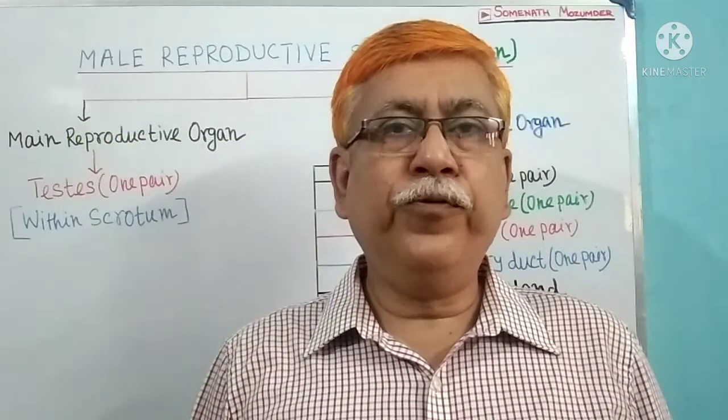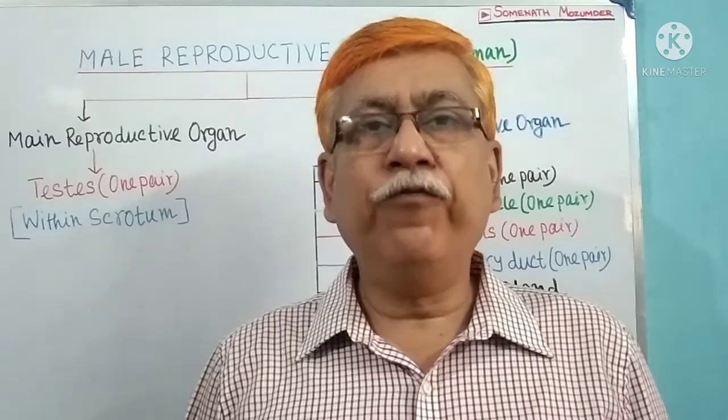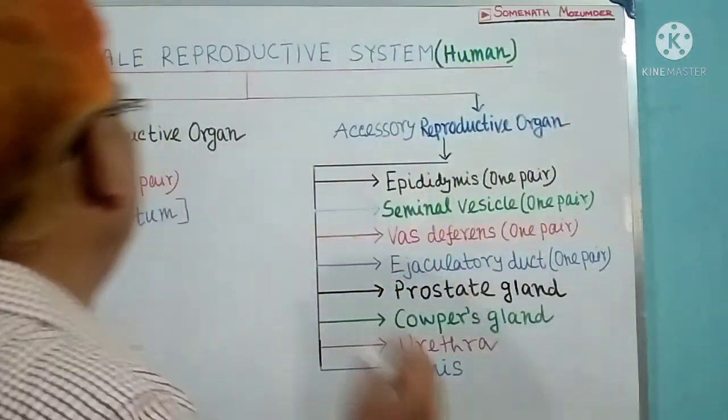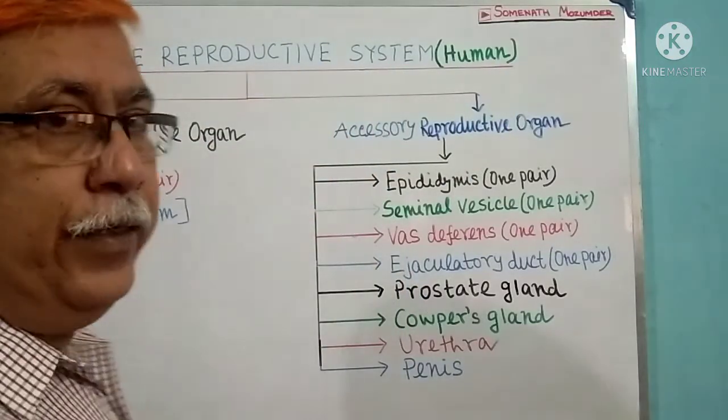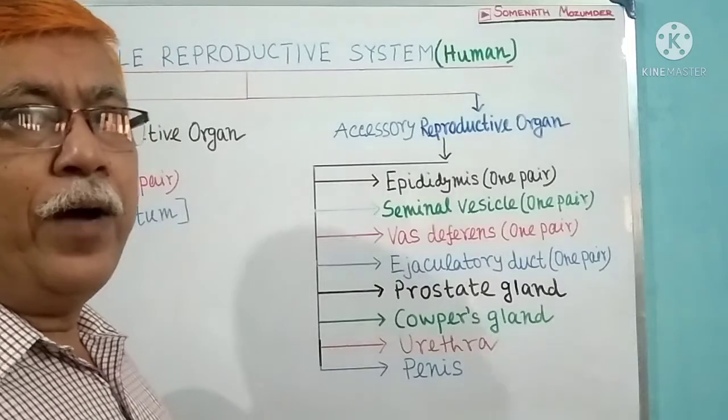Male reproductive system of human being. The male reproductive system is divided into two parts.